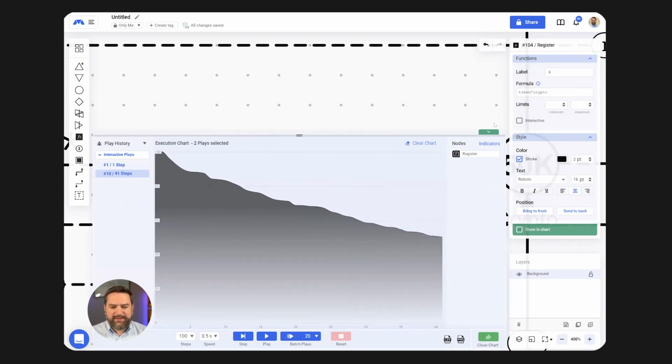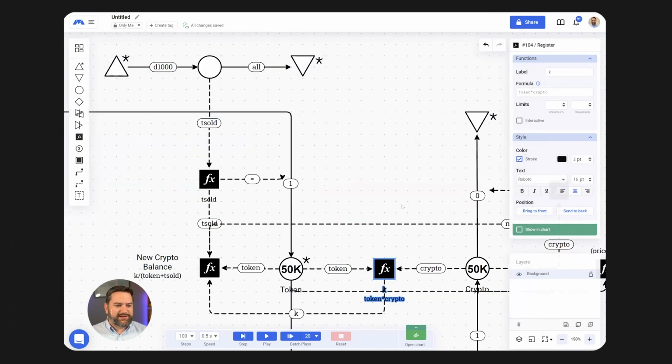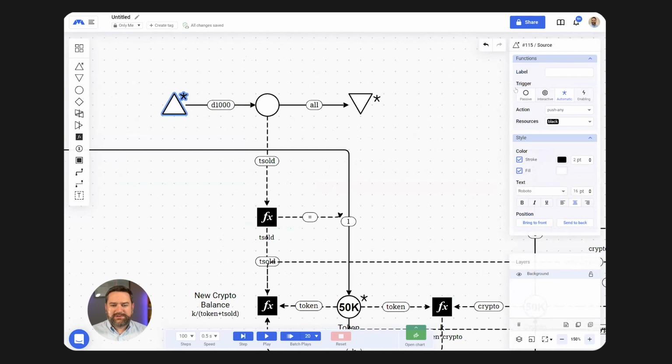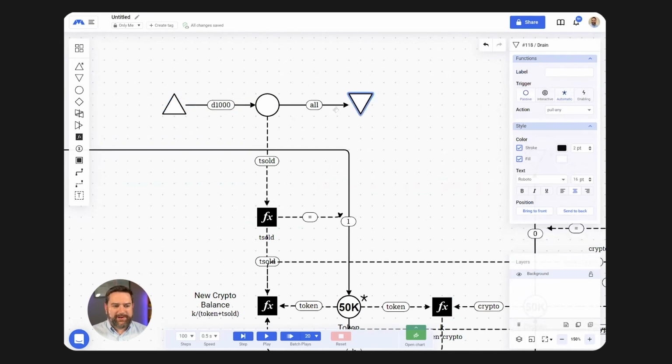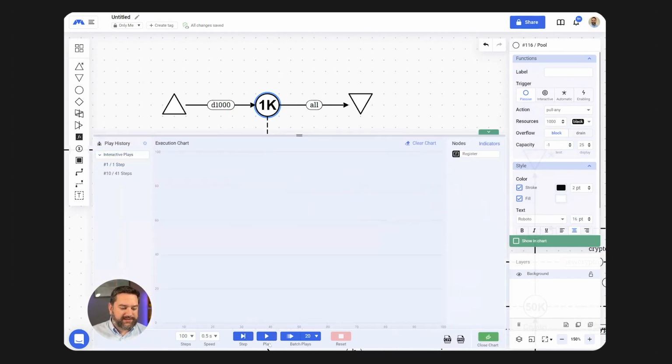In fact, let me do this another way. I'm going to set a constant number. So I'm going to make these two passive for a moment, and I'm going to put 1,000 resources into here. Clear my chart first, hit play.